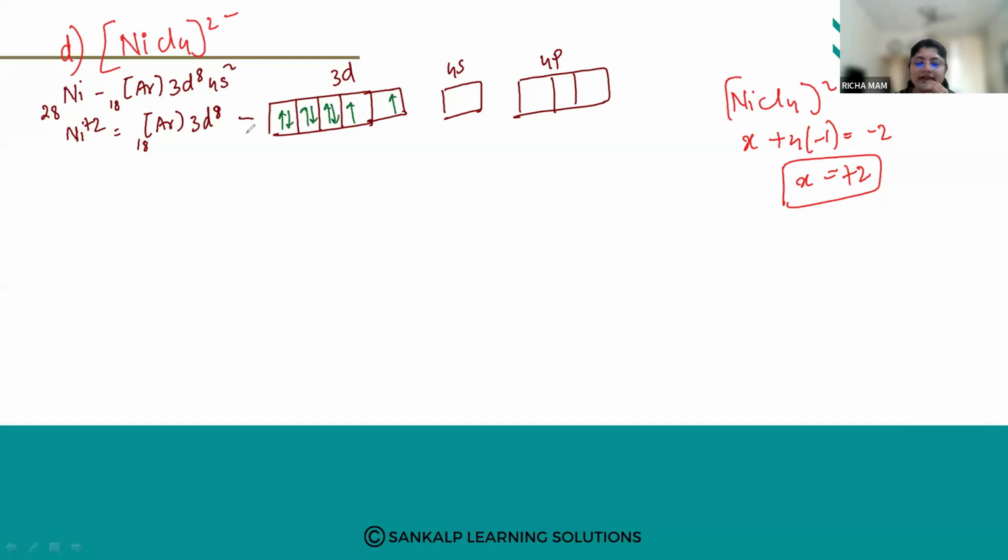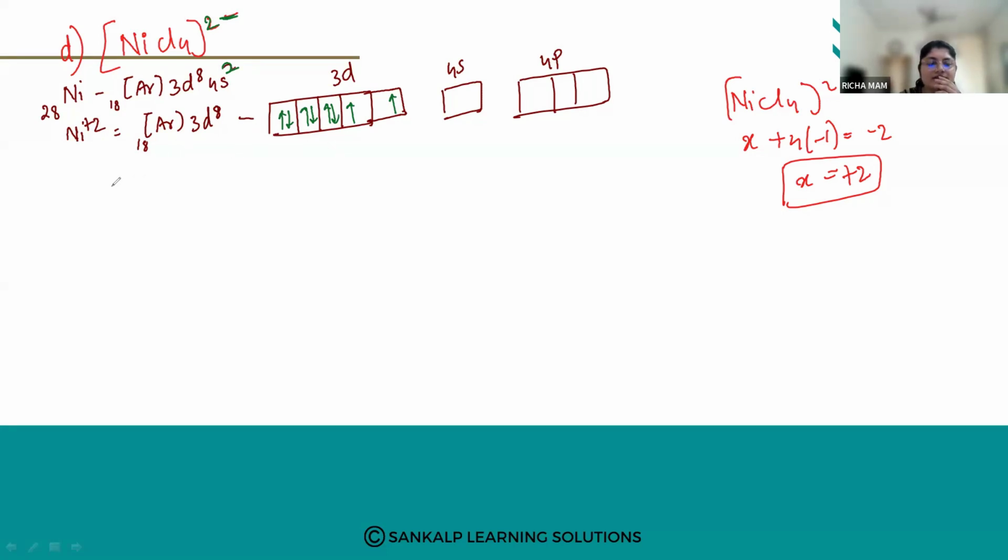So these are the 3D. So this is a 3D8 system.